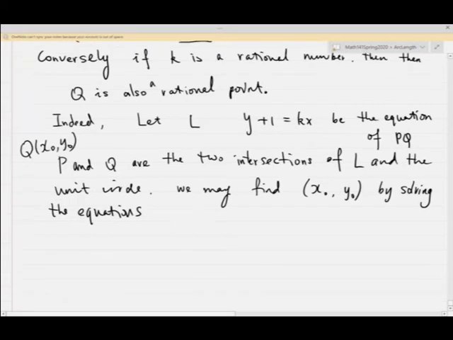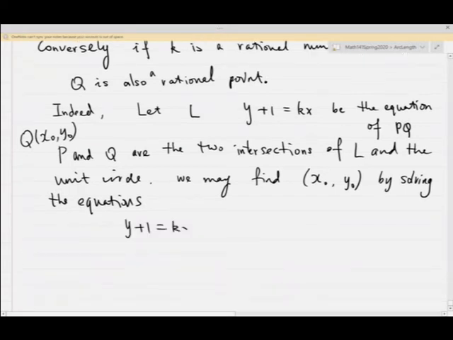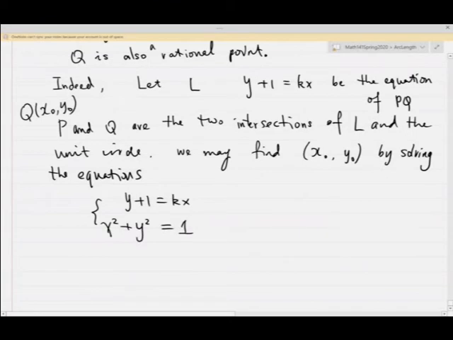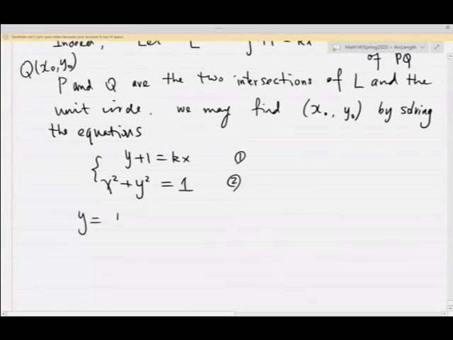The one equation is y plus 1 equals kx, and another equation is x squared plus y squared is 1. We solve these 2 equations, and then substitute y into the equation. So from this we get y equal to kx minus 1. Substitute equation 3 into equation 2.